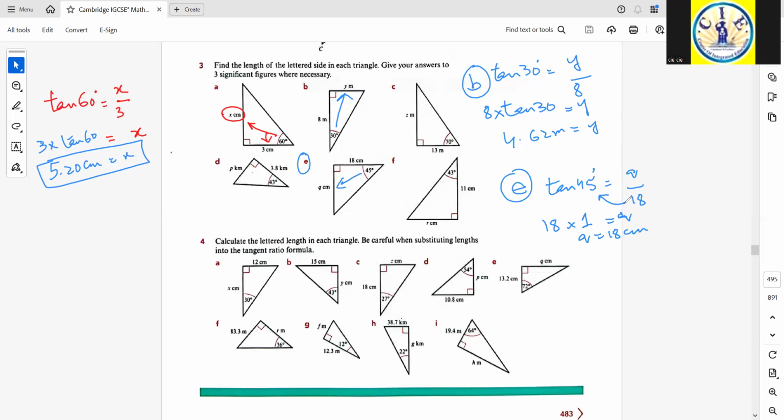And likewise, we can do the remaining parts. Okay, now it is question number 4. Now you see, the opposite sides are given and we need to find the adjacent sides.